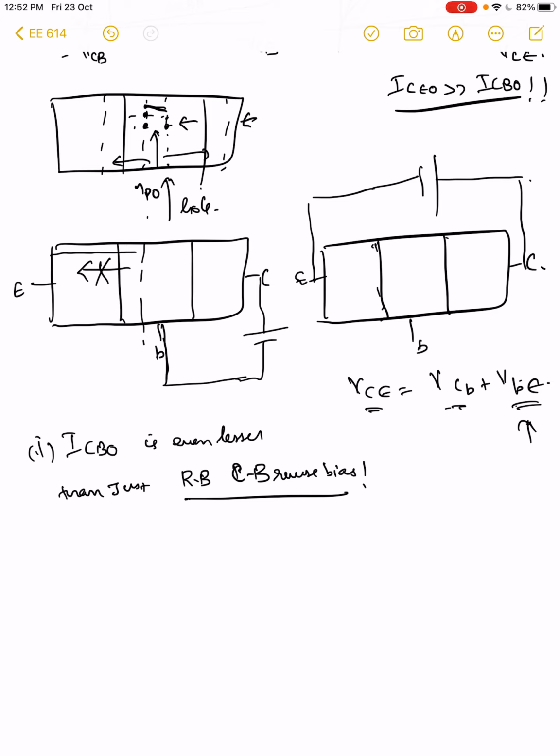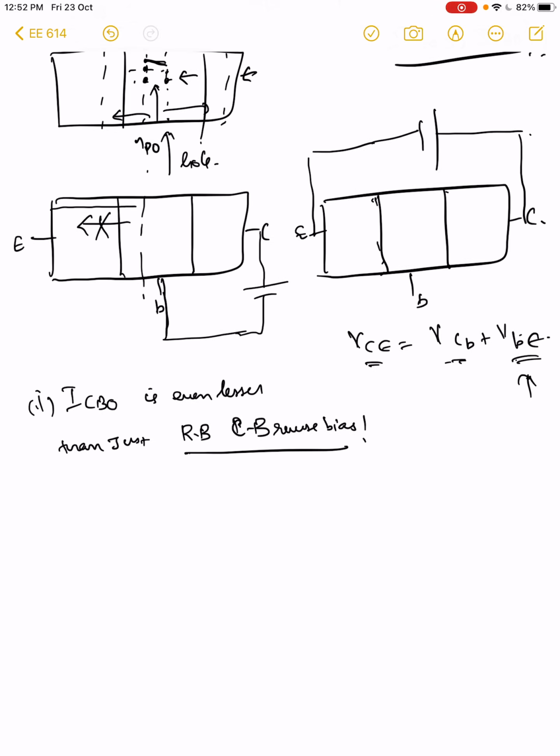So basically you have a much smaller reverse bias current, whereas in the common emitter situation with the base open, you still have current through this, and you still have a gradient in the base emitter junction. So you kind of have the base at a potential which is always higher than in the common base scenario.